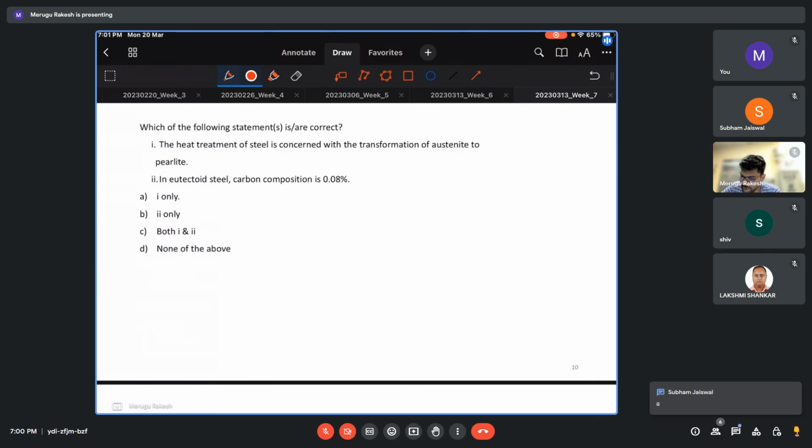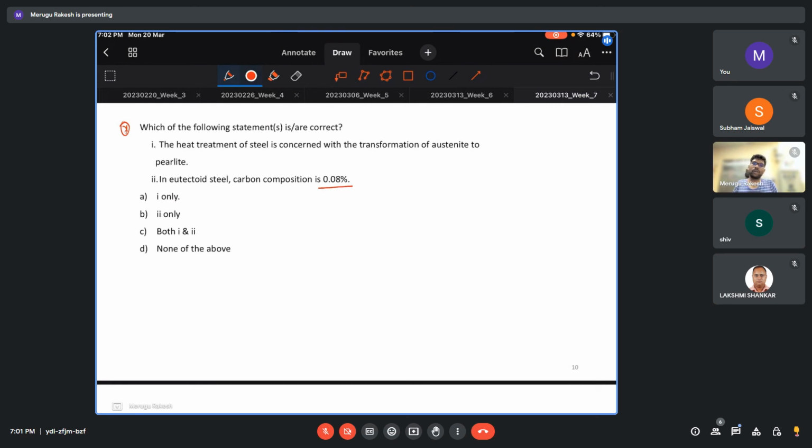So the heat treatment of steels is concerned with the transformation of austenite to pearlite. In this statement, the carbon composition is 0.08%. Let me check the composition.